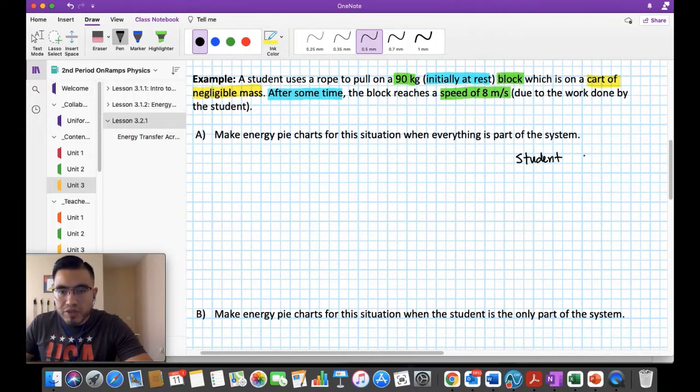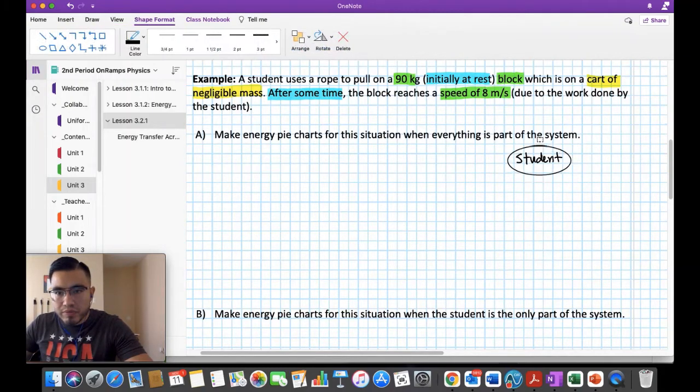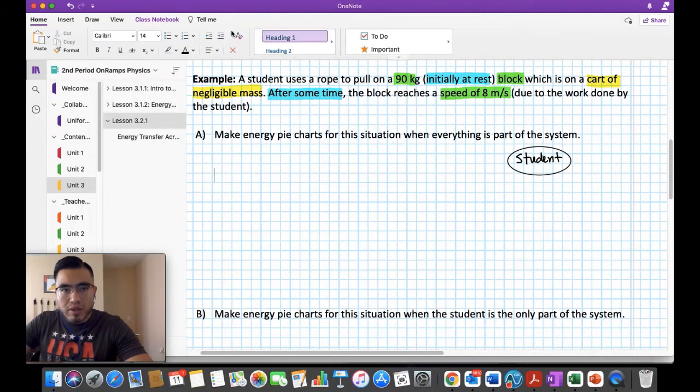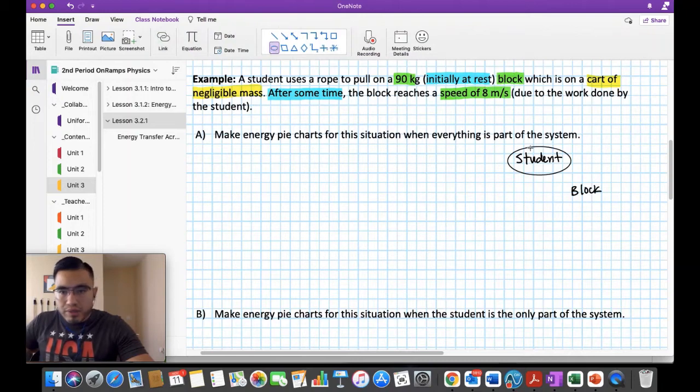Student, and then there you go. And then, of course, we have the block, right? Because that's where the work is being done onto the block. There you go.